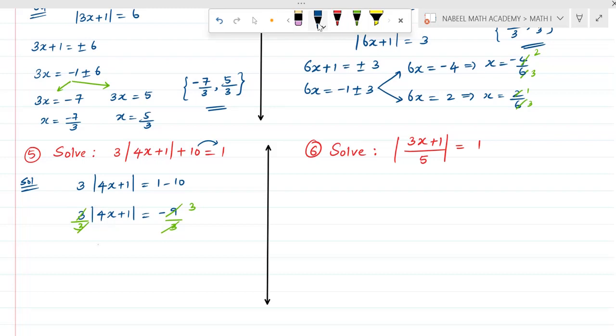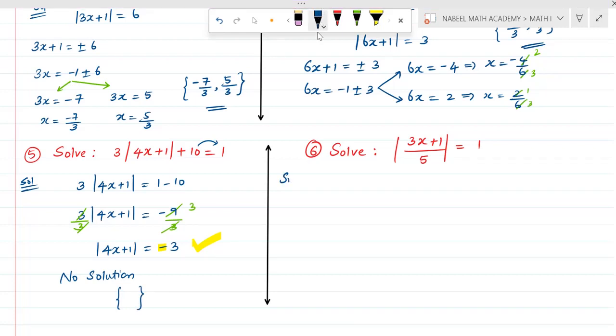The remaining part is |4x + 1| = -3. At this step, our conclusion is that since the absolute value cannot be negative, it has no solution. So you should not decide at the first place according to this part. After simplification, you have to check: if it is negative, there is no solution. If it is positive, just expand the part.